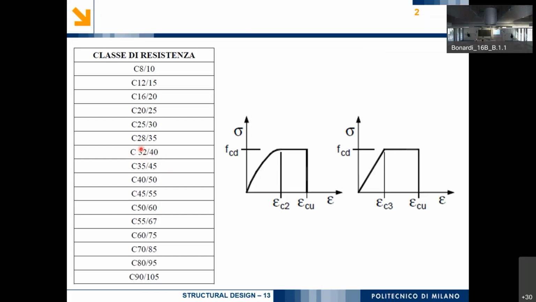So some samples will fail at lower stresses, and some at higher stress levels. This value indicates the characteristic value of strength. This means that out of 100 samples, 95 will have a strength higher than this level, but 5 of them will have a strength less than this value. So this is a statistical property.